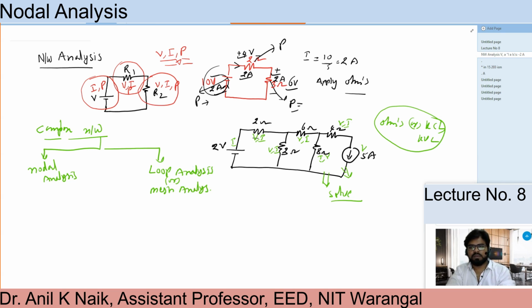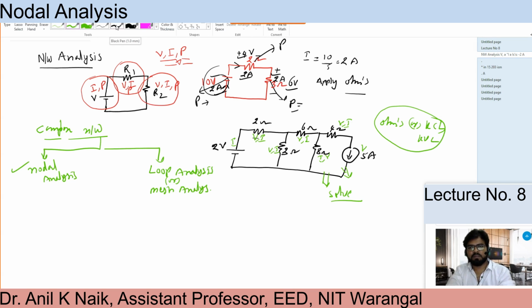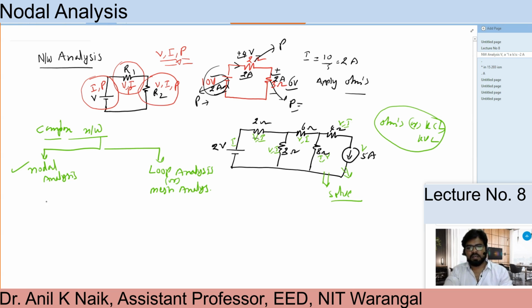This class will deal with nodal analysis. But before that, we'll see the possible differences between nodal analysis and loop or mesh analysis.